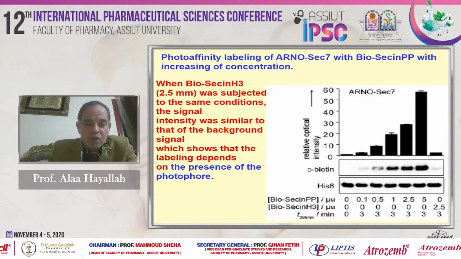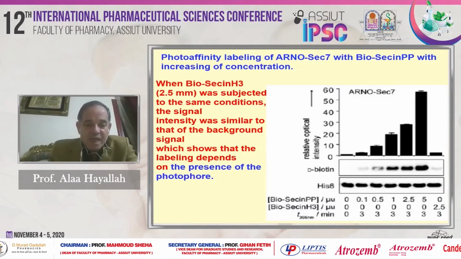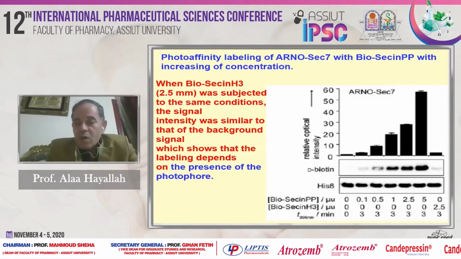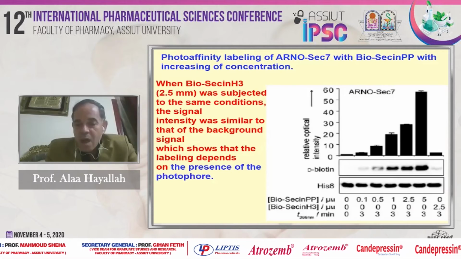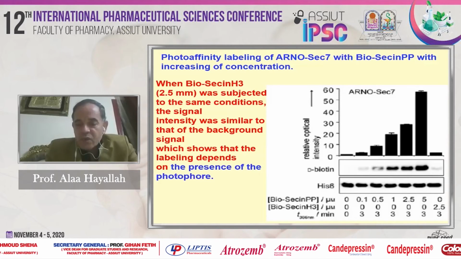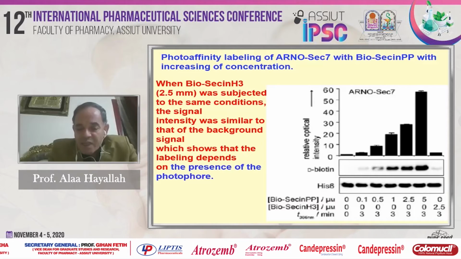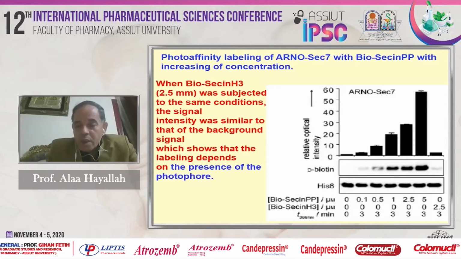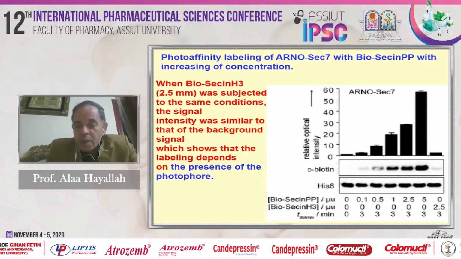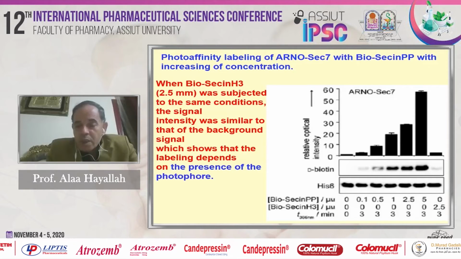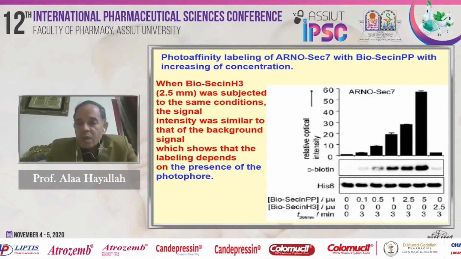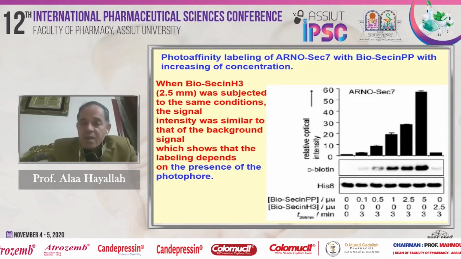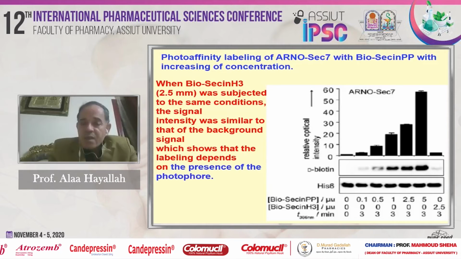The signal intensity was similar to that of background, which shows that the labeling depends on the presence of the photophore. We just added the biocysteine H3, the affinity or the labeled protein dropped, and this is pure evidence that the ARNO Sec7 domain protein is labeled by our reagent biocysteine PP.